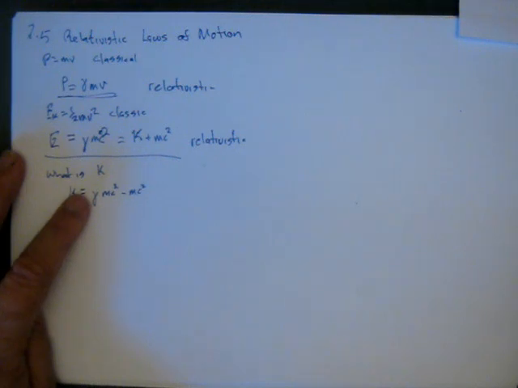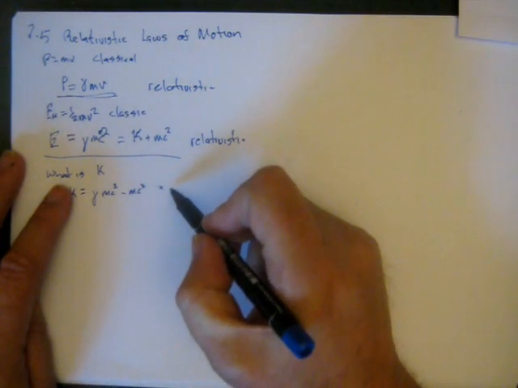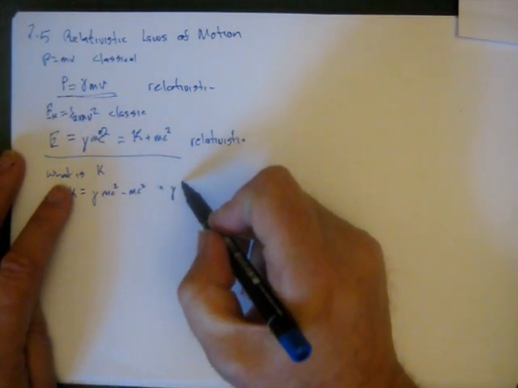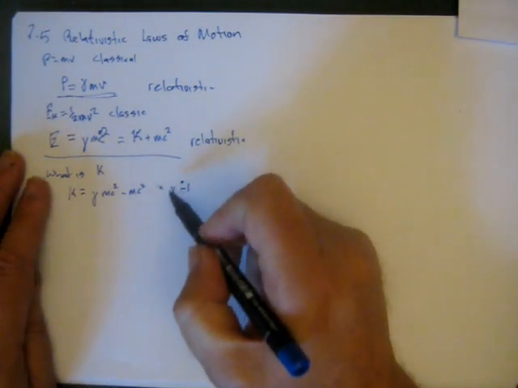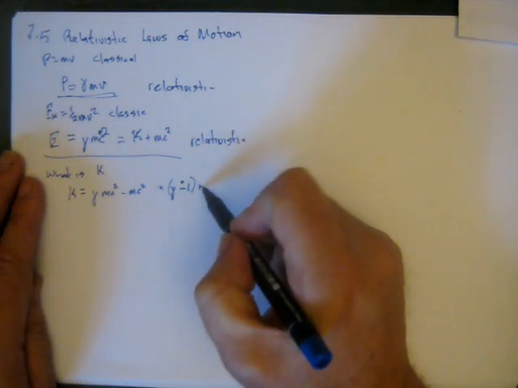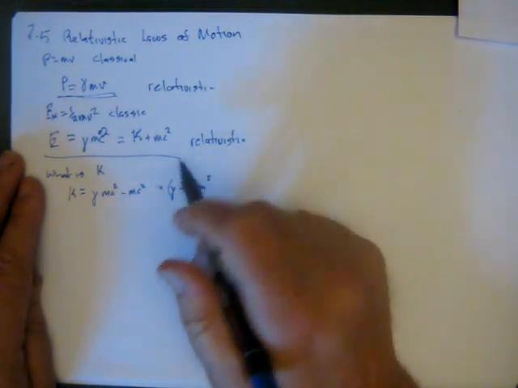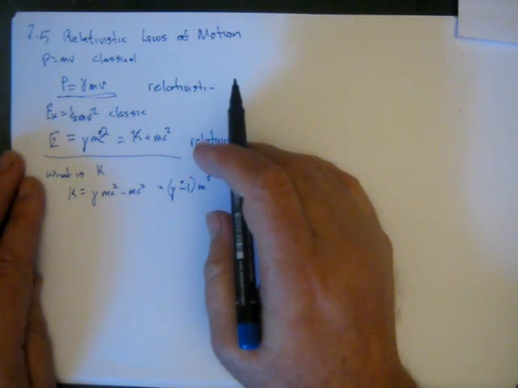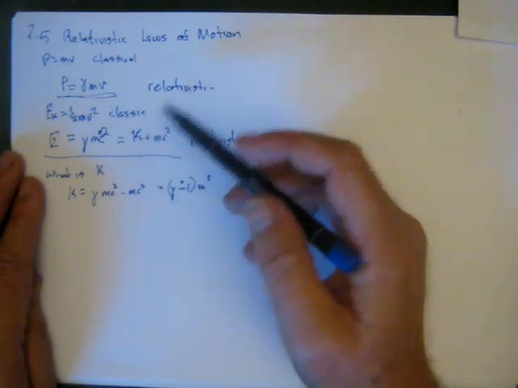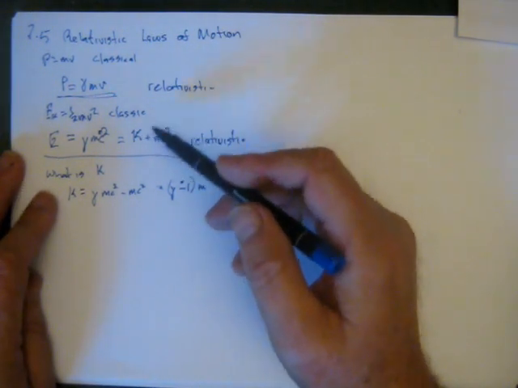So basically, which is equal to gamma minus 1 times the mass times c squared. Okay, so anyway, that's not going to be a negative number. That's going to be a bloody big number, isn't it? I apologise.